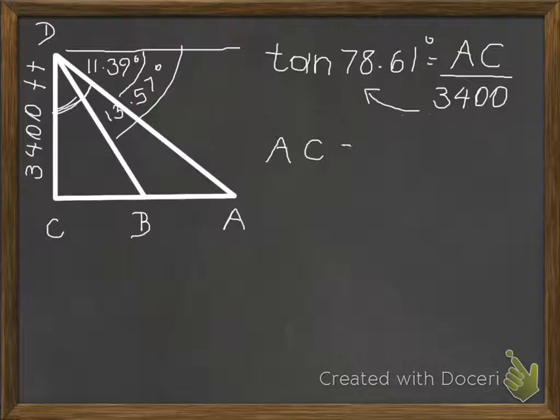So AC equals 3,400 times the tangent of 78.61.